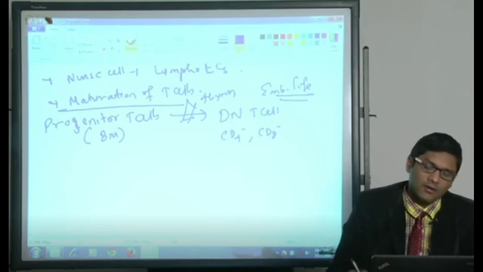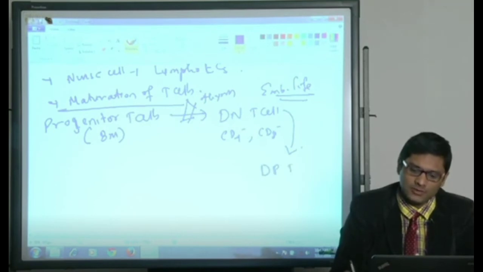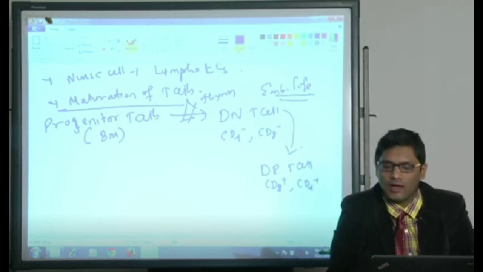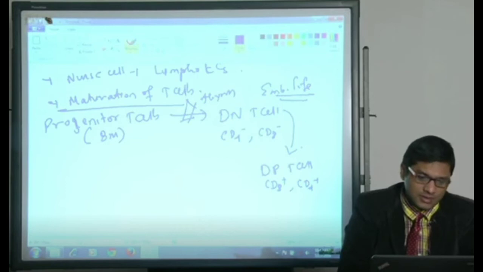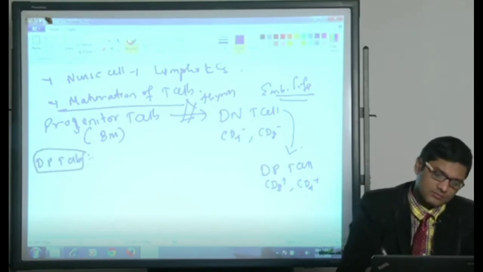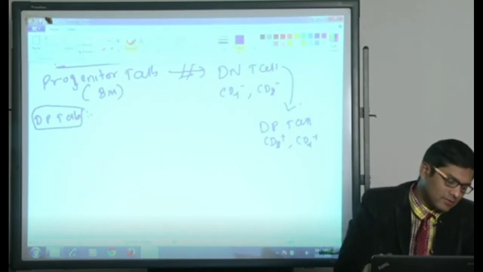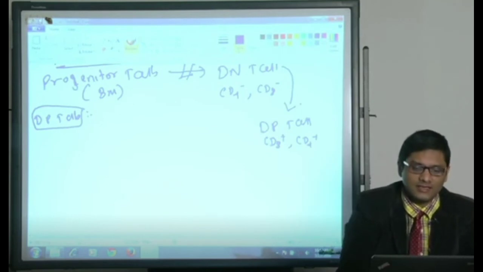Double negative T cells will further transform into double positive T cells. They will acquire both CD8 and CD4 molecules. And the fate of double positive T cells is like this. 95% of double positive T cells undergo apoptosis.